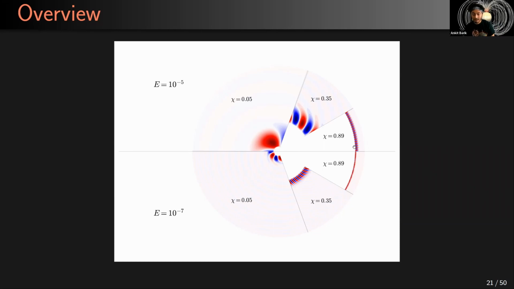I shouldn't say straight, they unwrap and become more oriented in the radial direction. And so that's how the solutions look, and the colors show radial flow here in the equatorial plane.